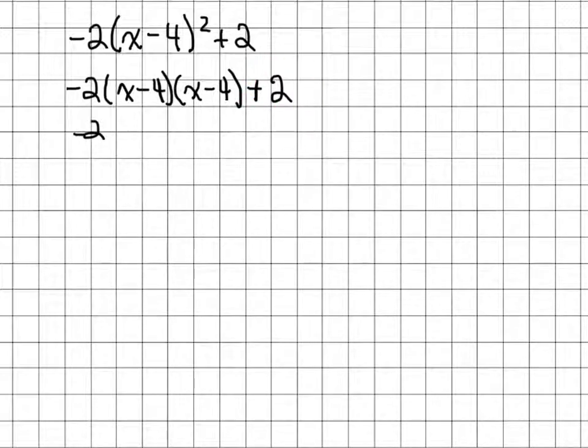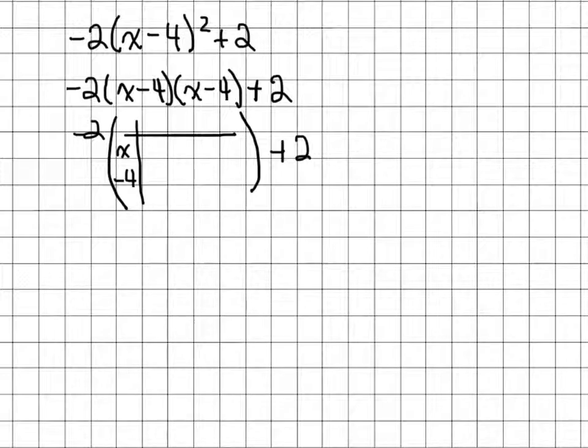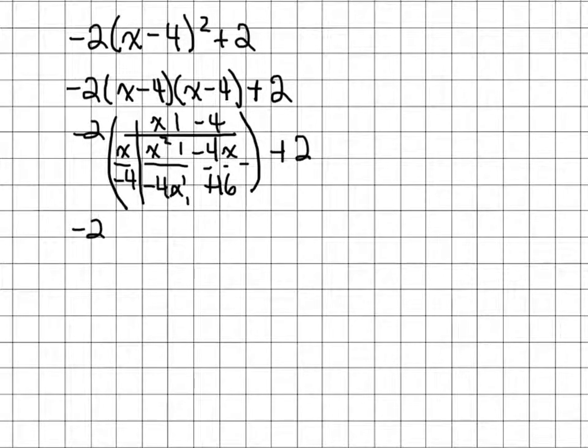So, minus 2. And then I use my chart. And I have x minus 4 and x minus 4. So I have x squared minus 4x minus 4x plus 16. So that becomes this. So I have minus 2 times x squared minus 4x minus 4x plus 16 plus 2.